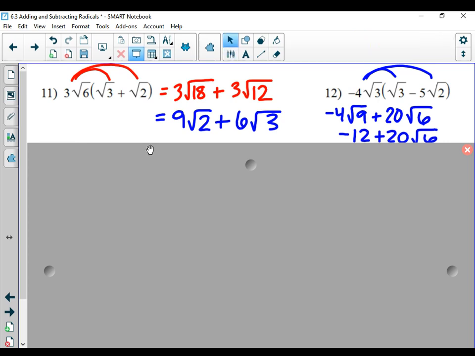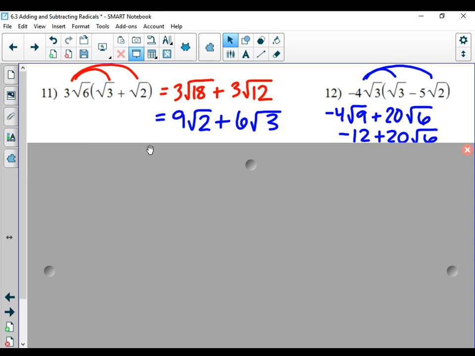Tempting, but do not add the -12 and the 20. -12 does not have a square root of 6 with it, so you cannot combine those. 6 I can't reduce. I can divide it by 2, I get 3, but I won't get any pairs out of it. So that is my most simplified radical form there. Okay.